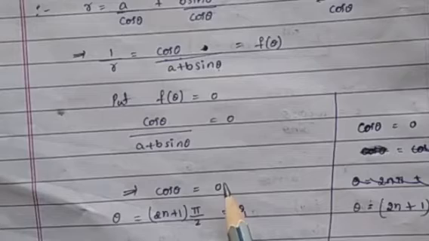Next step is f of theta is equal to 0 for finding the roots of theta. F of theta is cos theta by a plus b sin theta, which is equal to 0. You take the cross multiplication. You get cos theta is equal to 0. What we say?